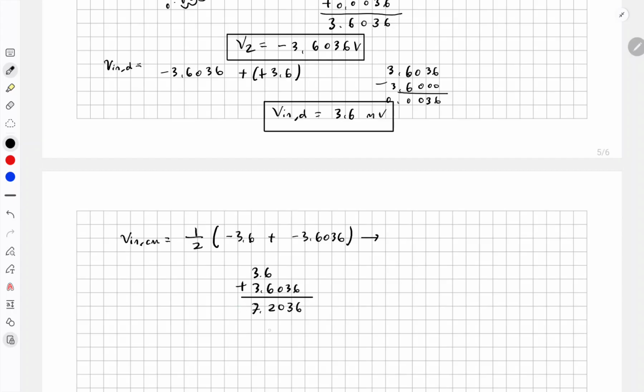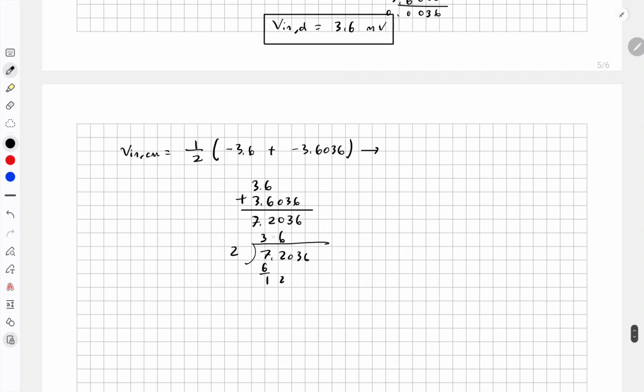And then we just have to divide by 2. So V in CM, don't forget the minus sign, is negative 3.6018 volts.